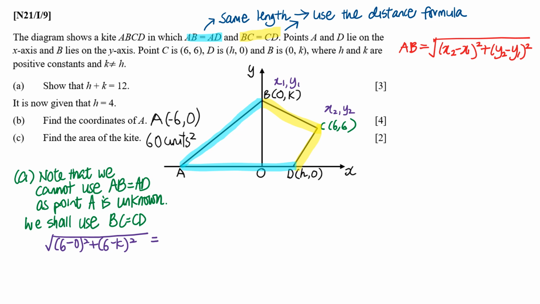Your x2 will be the value 6, minus 0, which is your x1, and you square it, plus y2, which is 6, minus k, squared, equals the distance CD.